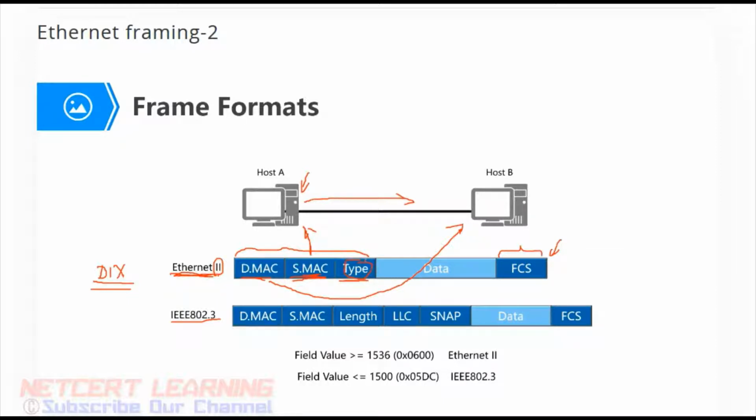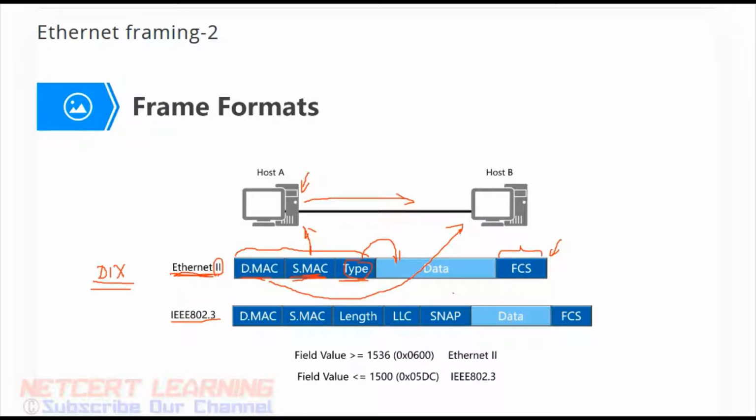Then the type. This type field identifies what data is contained in the upper layer. As we know, in layer 2, this is the Ethernet link, so the physical device will know this is an Ethernet network. But what is carried in the Ethernet?